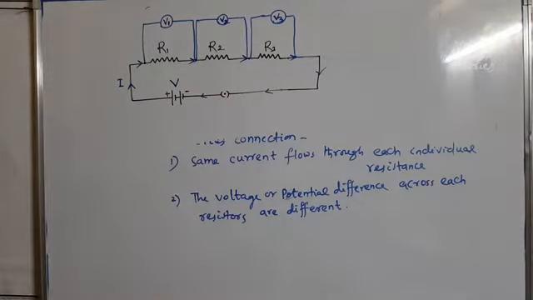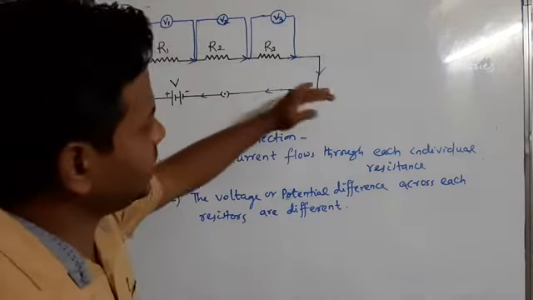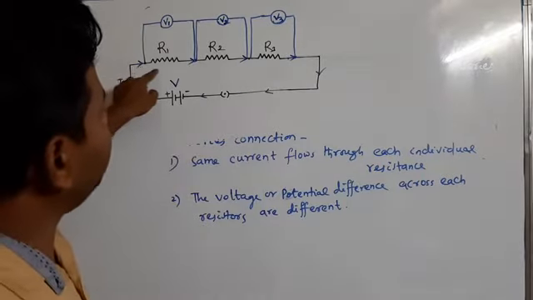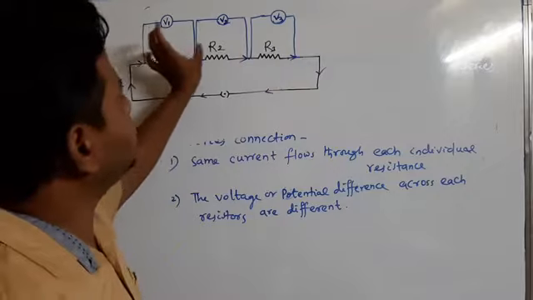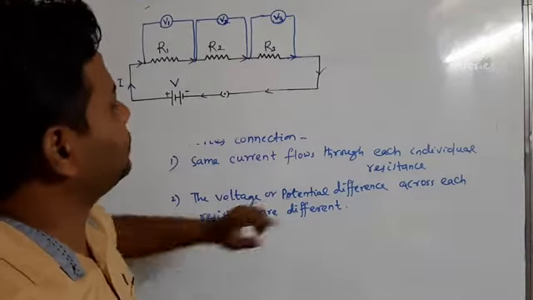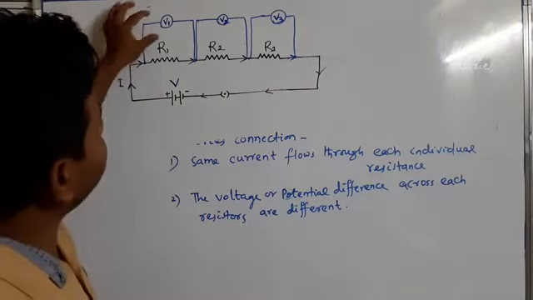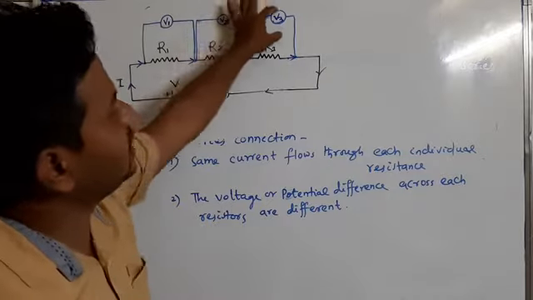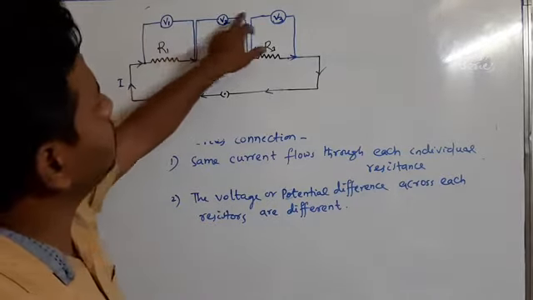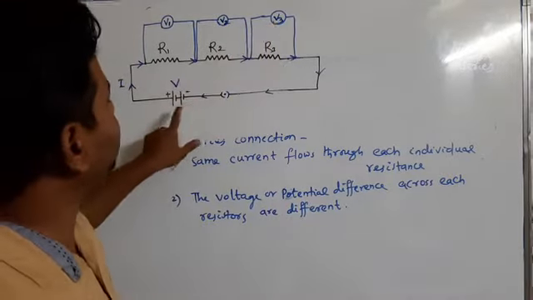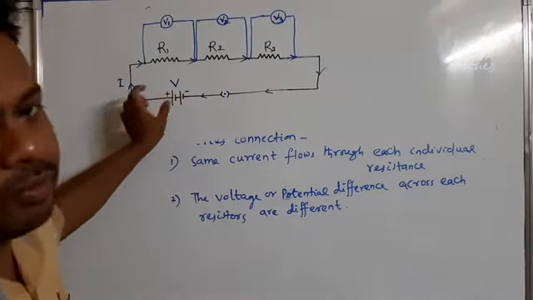So remember, students, in case of series connection, the same current flows through each resistor, but the voltage across each resistor is different. But if you add these three potential differences, V1 plus V2 plus V3, that will be equal to the voltage of the battery.